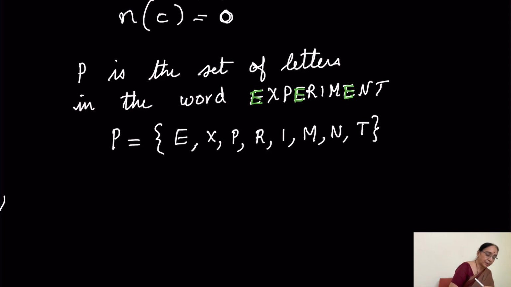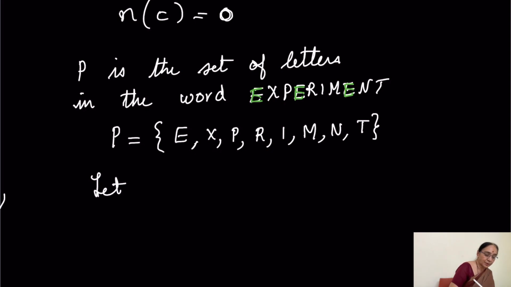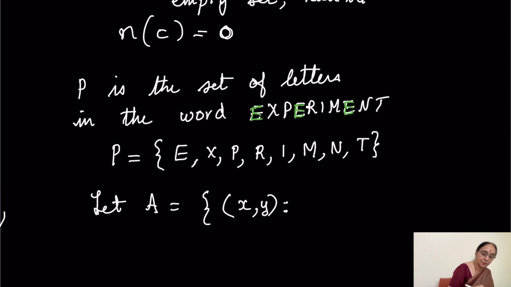Now let A be, now here let us see, do this one. It's interesting. It is an ordered pair. The elements are ordered pairs in this, that is x comma y. I'm giving it in the set builder form. How is this an ordered pair x comma y? There are two numbers here within the parentheses, x comma y. So it's called an ordered pair.